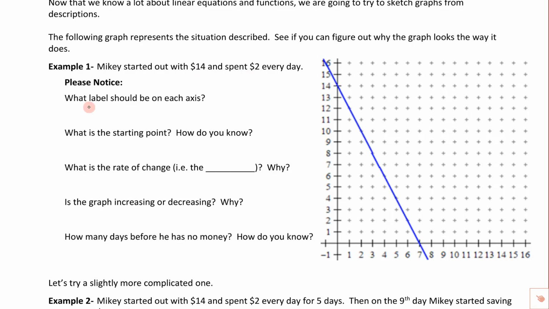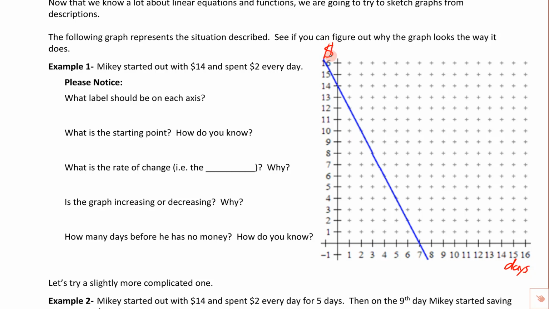It says what label should be on each axis? Well, given this information, let's think about this for just a second. You'll notice that it starts out here at 14, and 14 would correspond with how much money he started out with. He's spending $2 every day, so his dollar amount is going down even as the number of days goes up. So this is going to be days over here, and this is going to be dollars over here.